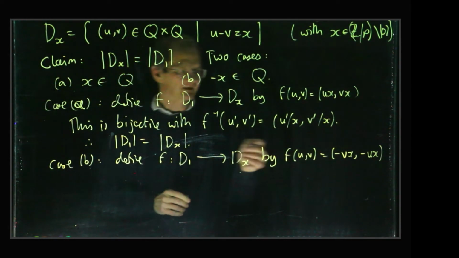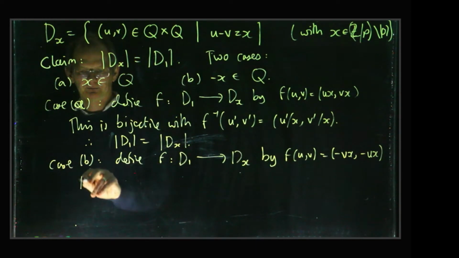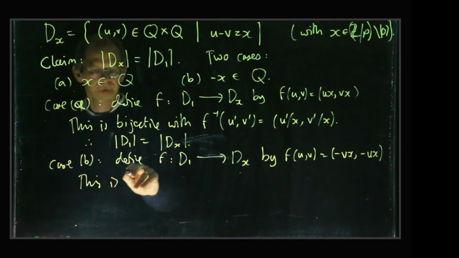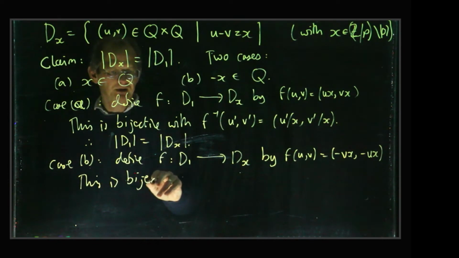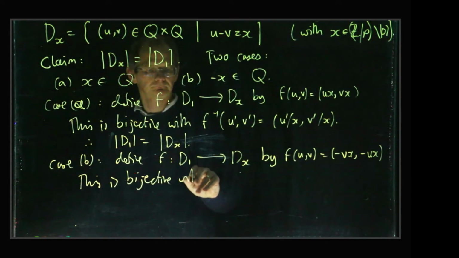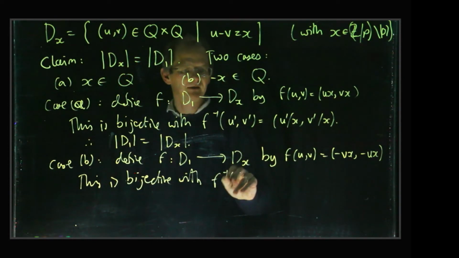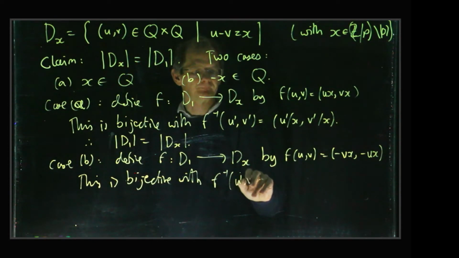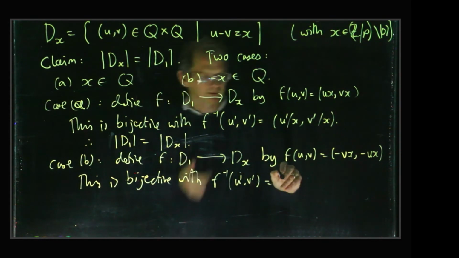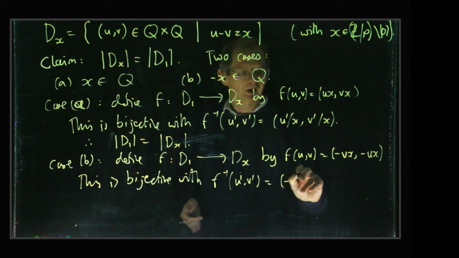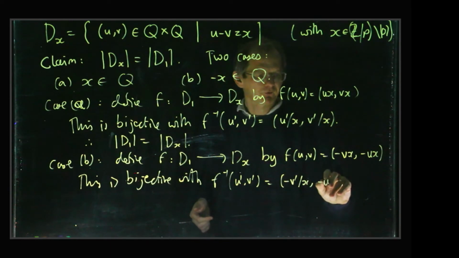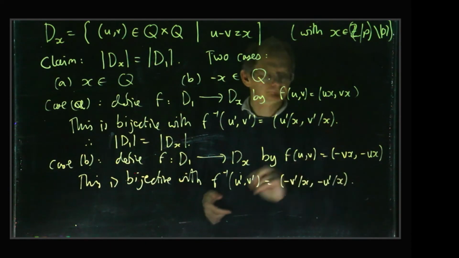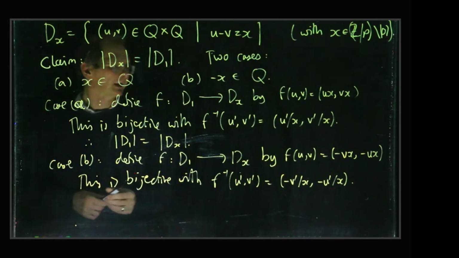Okay, so again this is bijective, with, again, f inverse of (u', v') is (minus v'/x, minus u'/x).